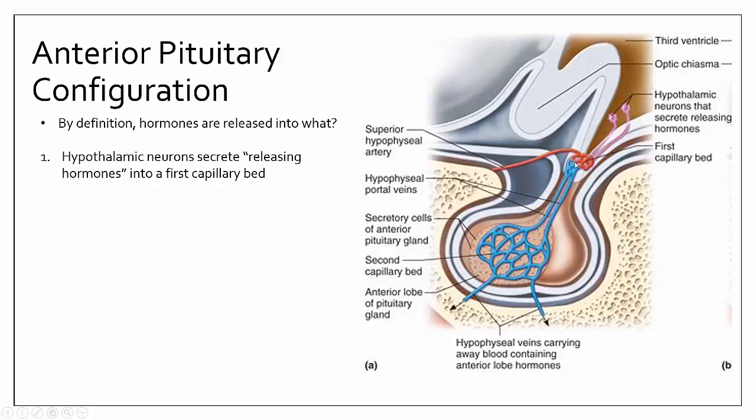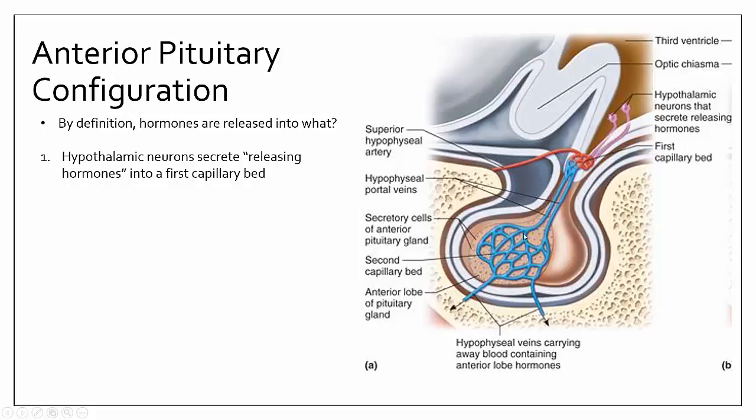Okay? This system, this artery, capillary bed and these veins, is called a portal system, specifically the hypophyseal portal system, or portal veins. So the releasing hormones get secreted into this portal system at the first capillary bed, and they travel down into the anterior pituitary gland.